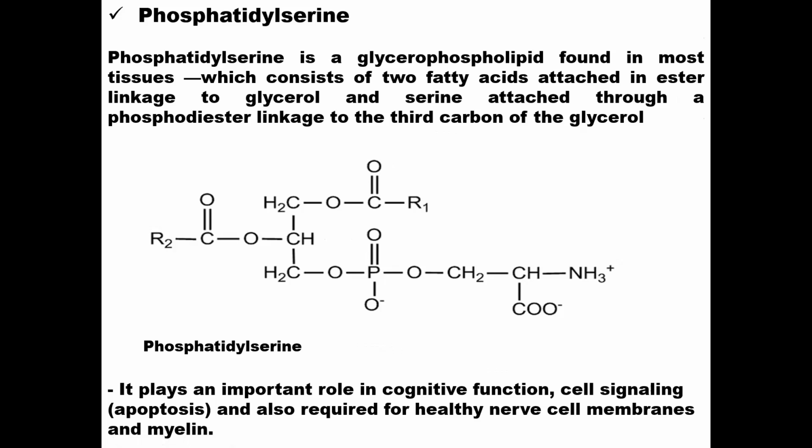It is also required for healthy nerve and cell membranes and myelin function. When we say apoptosis, it is programmed cell death, and the body tries to get rid of cells in a kind of regulation in order to maintain normal function.